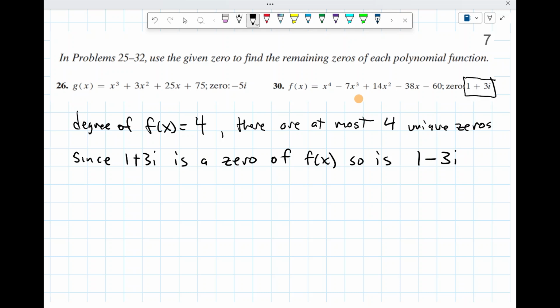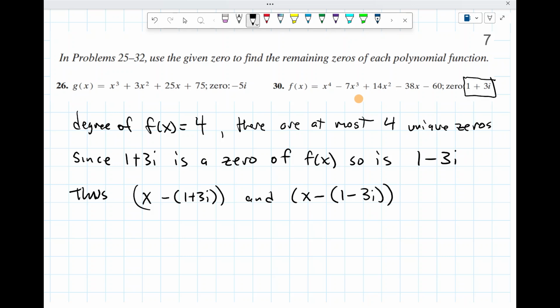And what we're actually going to do here is multiply, let's see. Thus, since both of these are zeros of f of x, x minus (1 plus 3i) and x minus (1 minus 3i) will both be factors.